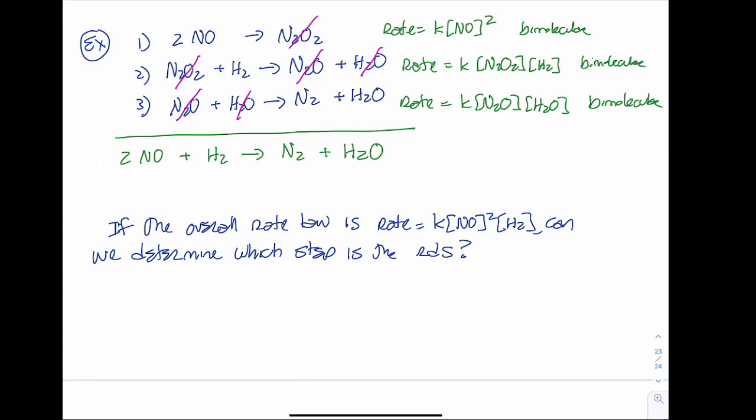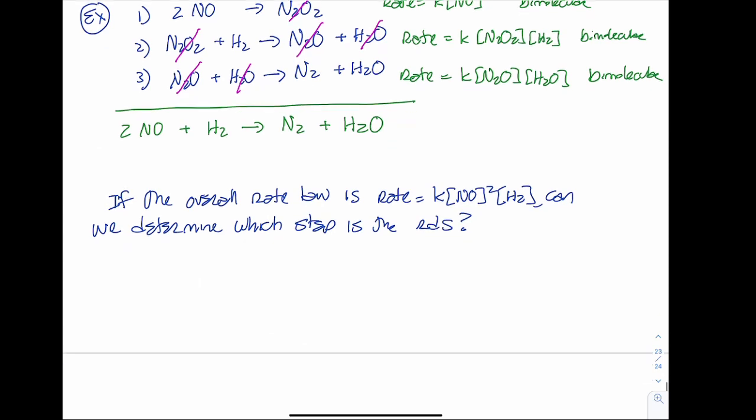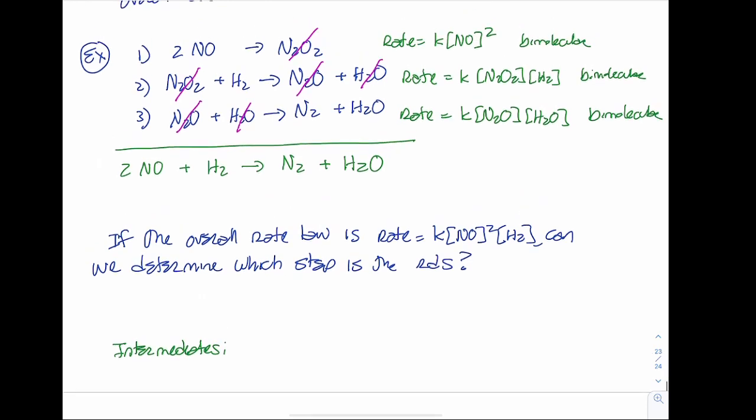Intermediates, what did you guys get? So there's a couple, right? I'm producing dinitrogen dioxide and then I'm using it up, so that one counts. I am producing dinitrogen monoxide and then using it up, so that's also an intermediate.